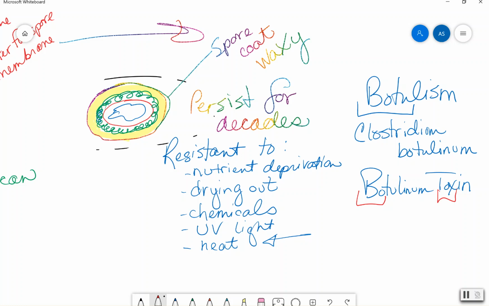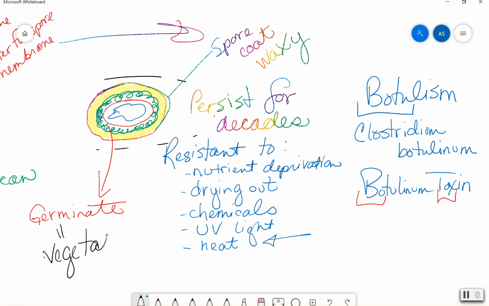Once the conditions become favorable again, the cell will germinate and become a vegetative cell again. The process by which it does this is not as well understood by scientists as the process for sporulation.